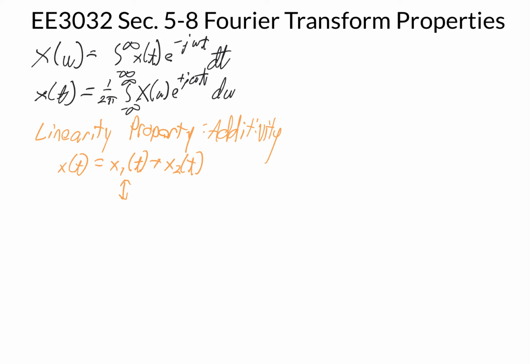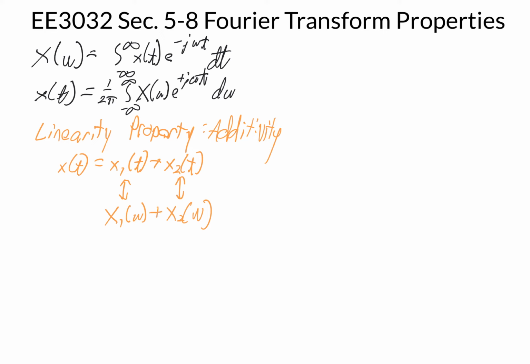x1 of t, when we would transform it, we would call its transform x1 of omega, and we use the capital X to indicate that it's the Fourier transform that goes with the signal small x. And we can also take individually the Fourier transform of x2 of t and get x2 of omega. So that would be doing the integrals separately.